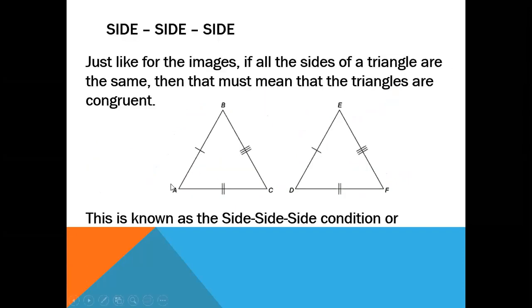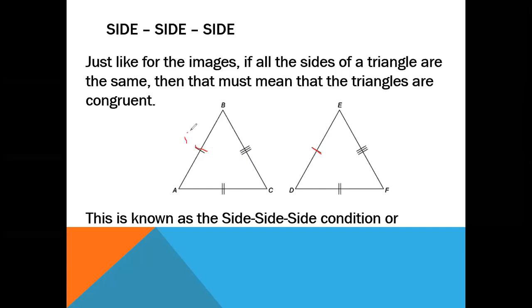Okay. All right. So when we have triangles, one of the ways that you can say they are congruent is if you know all 3 sides are the same. So remember that this mark means that it's the same as this one.